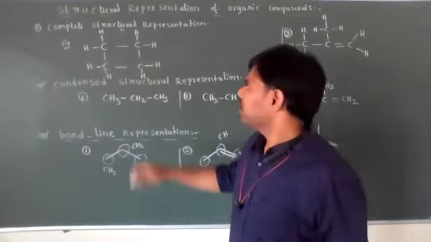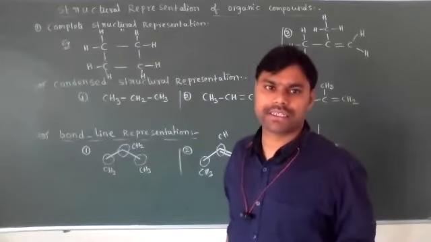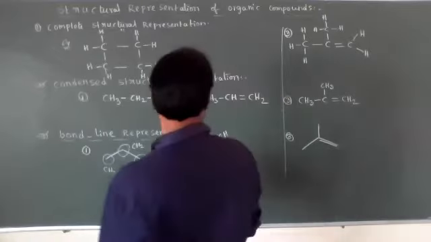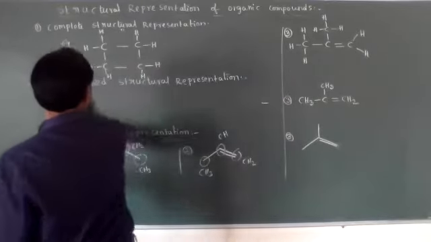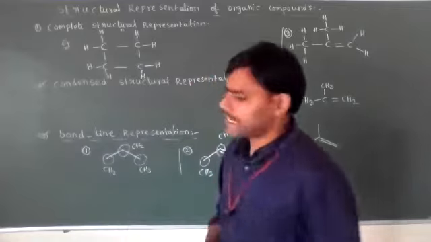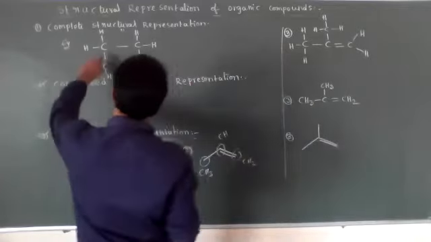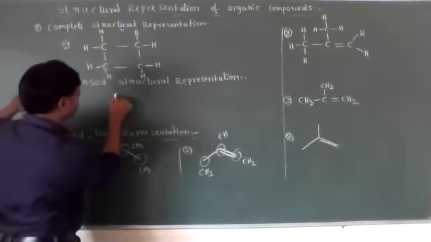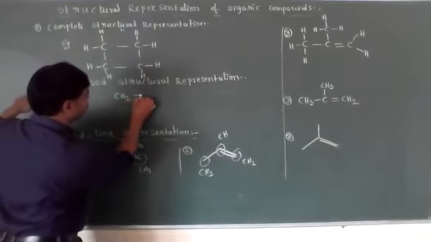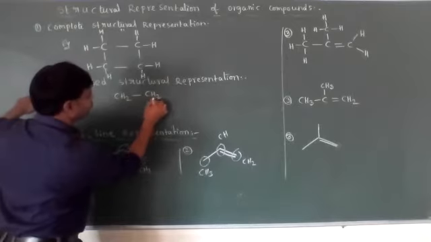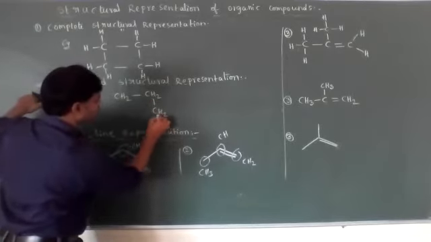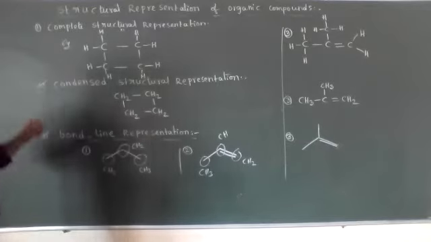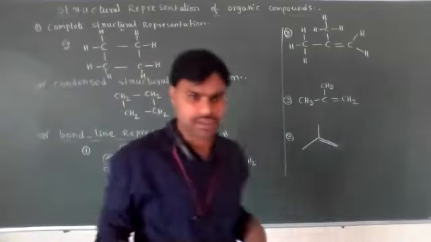This is the complete structural representation for cyclobutane. For the condensed representation, this carbon is connected with 2 hydrogens: CH2 bond CH2 bond CH2 bond CH2 bond, like a cyclic ring is formed.